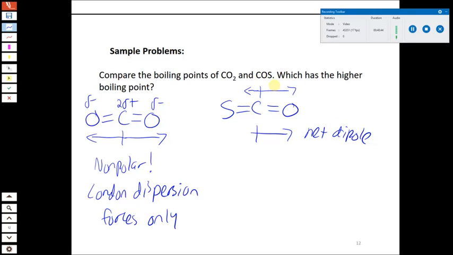Because these two dipoles, even though they're opposite in direction, don't completely cancel each other out because one's bigger than the other. The carbon-oxygen bond is more polar than the carbon-sulfur bond. So this molecule is polar, and because it's polar, it has two types of intermolecular forces. It's still, of course, going to have London dispersion forces, but it also has dipole-dipole forces.